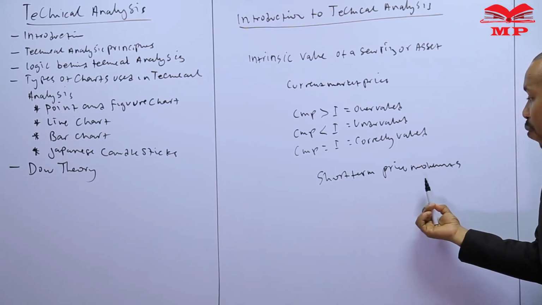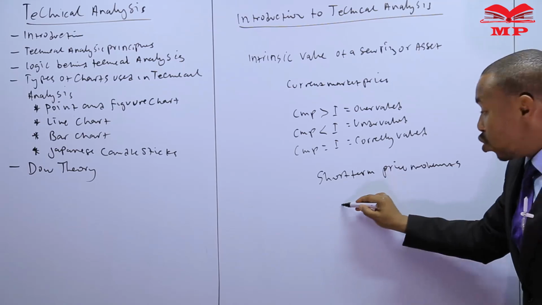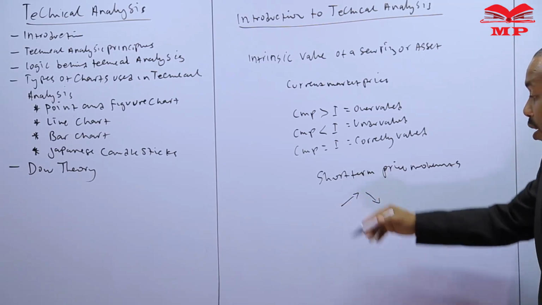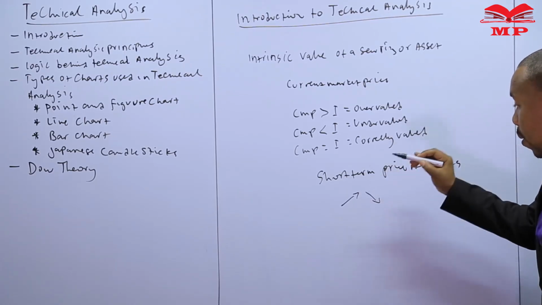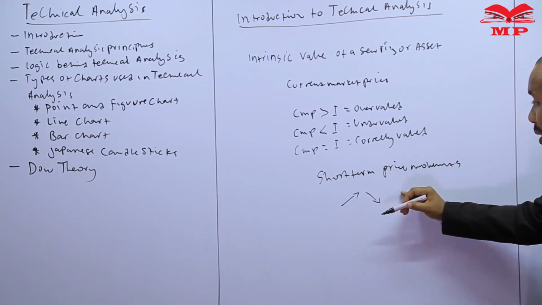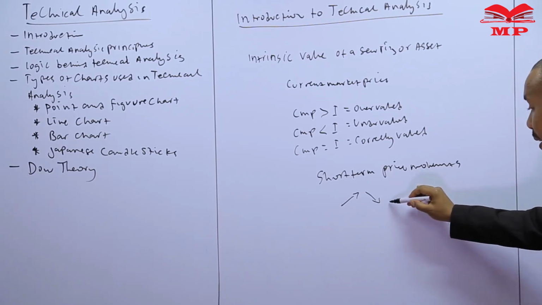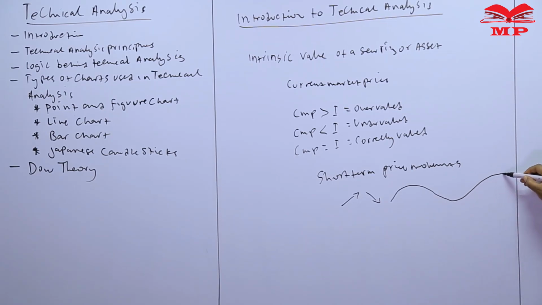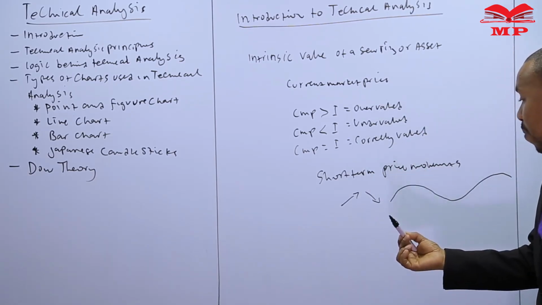These short-term price movements can dictate whether there is going to be an uptrend or a downtrend, which we will be able to demystify under technical analysis. Technical analysis tries to step in and identify cyclical patterns in the price movements of securities or assets. We're trying to identify trends or trend movements.